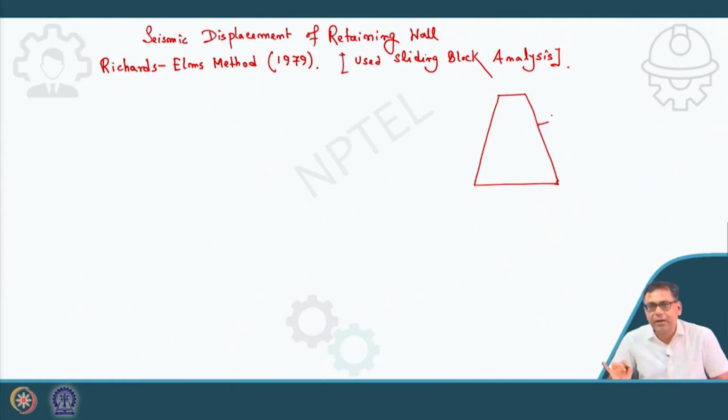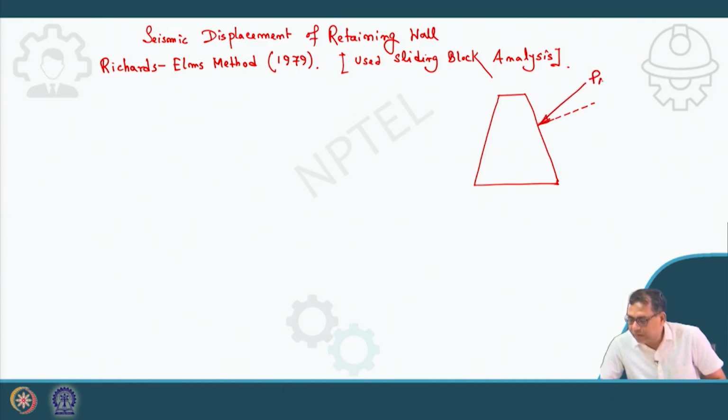Here again the water is not considered. It is the first case that I have discussed. If you want to consider the water, then you have to do the analysis in that way. But here it is proposed for the without-water condition, so that's why I have not considered the water or pore water effect.